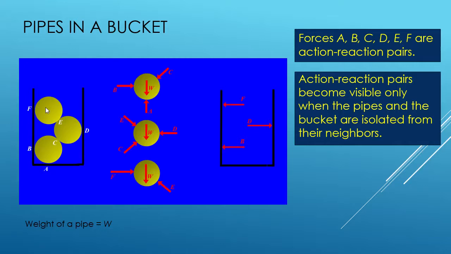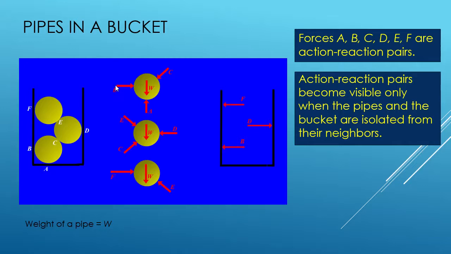The top circular object is applying a downward force on the middle circular object, whereas the middle circular object is applying an upward force E on the top circular object.